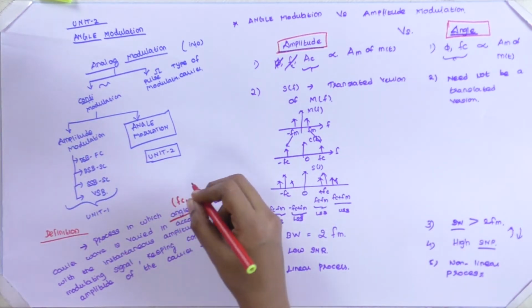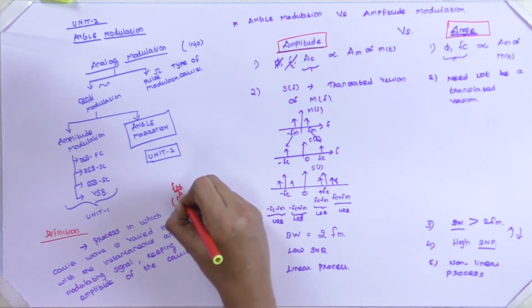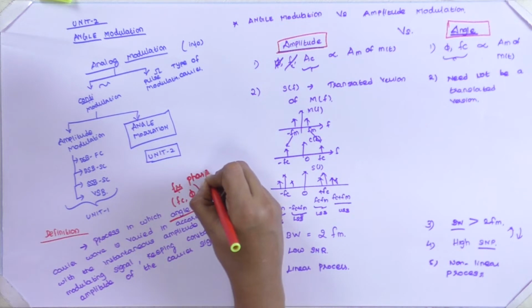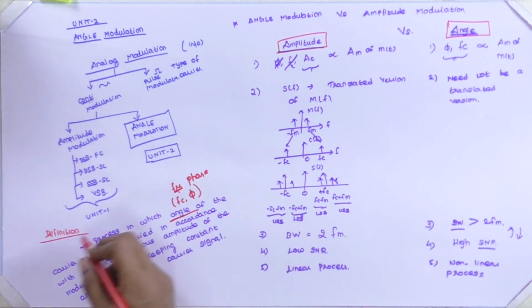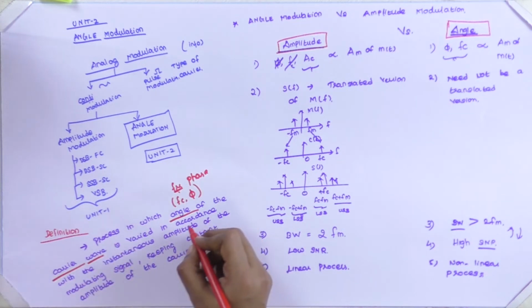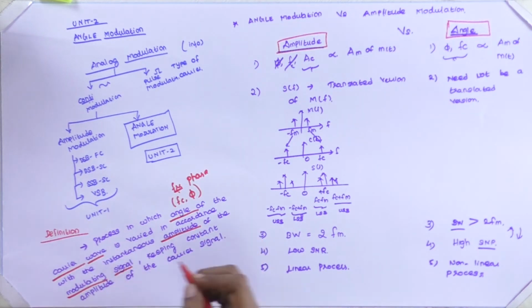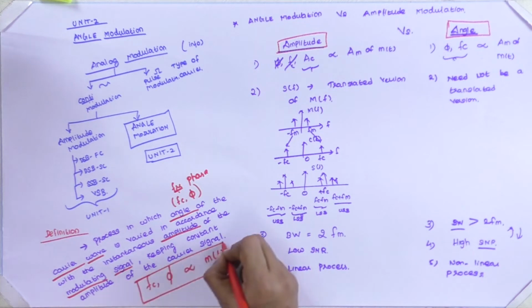Angle is in terms of frequency and phase. We change either the phase or the frequency of the carrier wave with respect to the amplitude of the message signal. This is the definition of angle modulation.